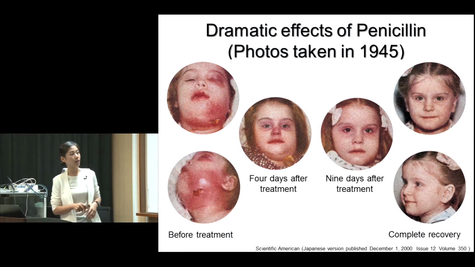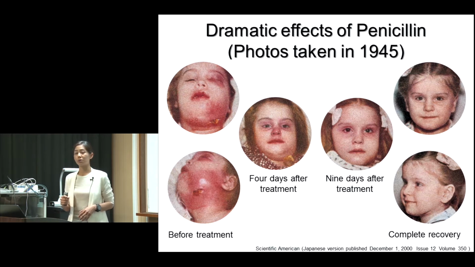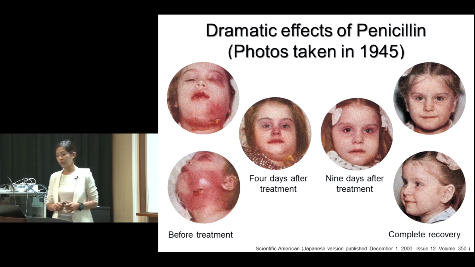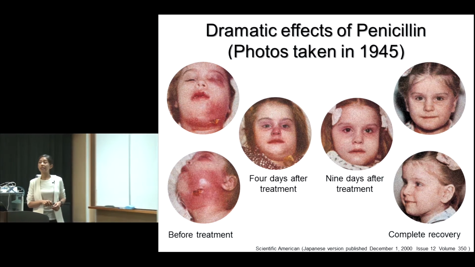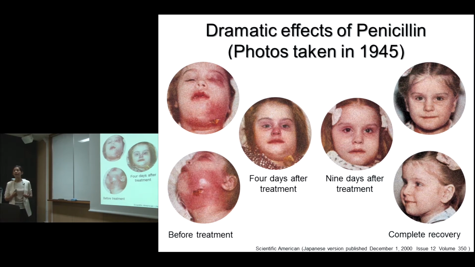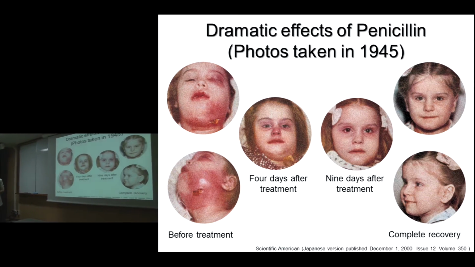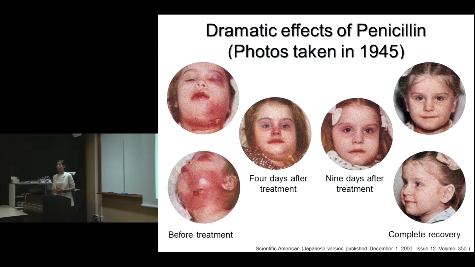And as you can see here, the threat of dying due to an infection was so real and severe during that time. So the photo shows the little girl who was suffering from infections. This was before the penicillin treatment. And a few days later, she seems to have recovered very rapidly. And not soon after the treatment of penicillin, she was completely healed.